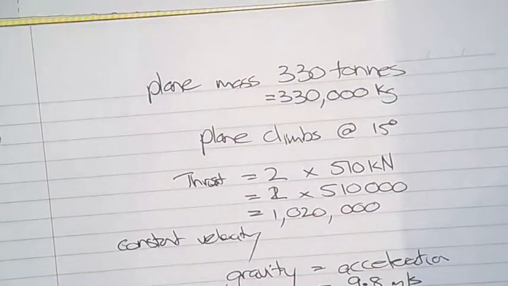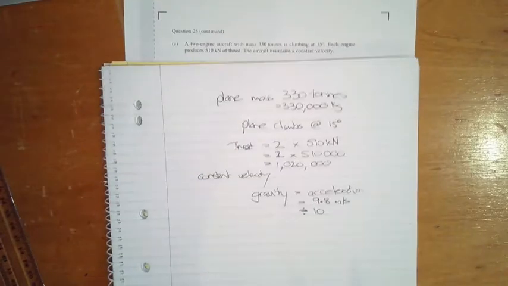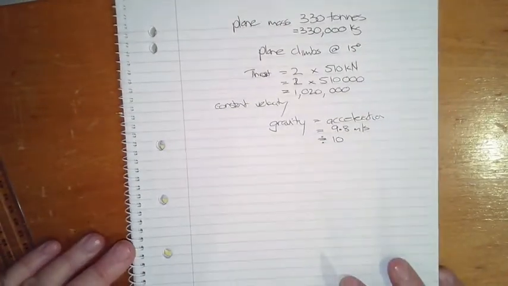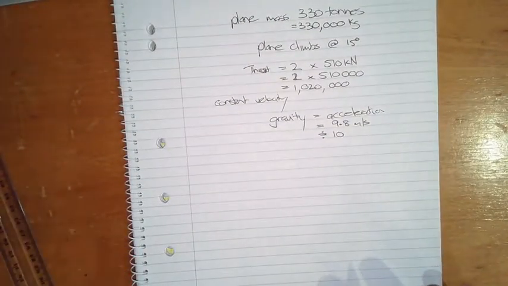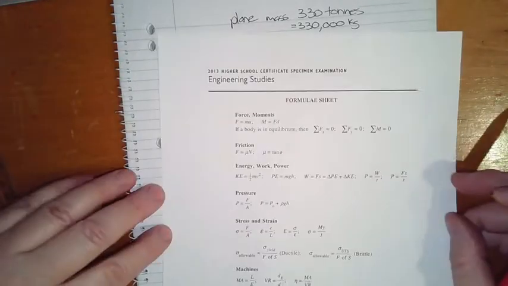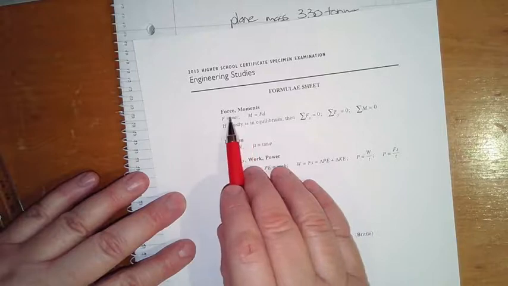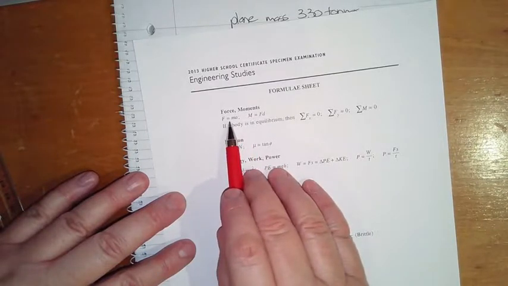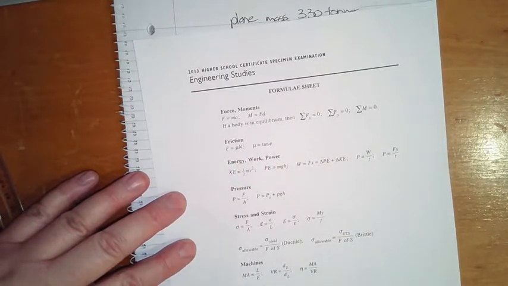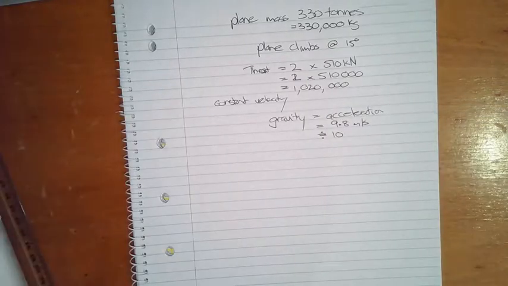I might just zoom out a little bit here so you can see how the whole thing is going to come together. Right, formula sheet here. We're going to be talking about moments, and we're looking here at force equals mass by acceleration. Okay, so that's the main formula that we're going to use. So, here we go.